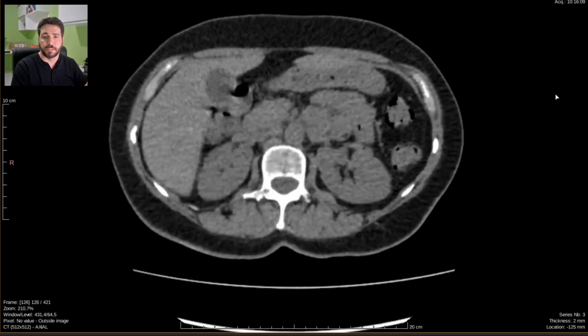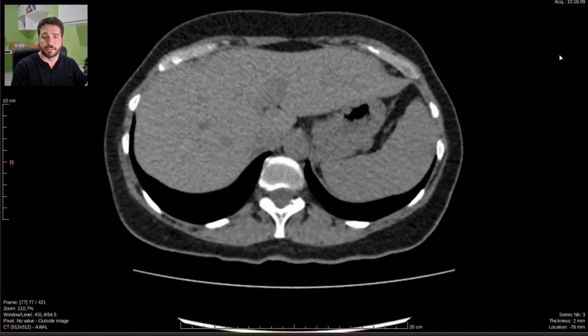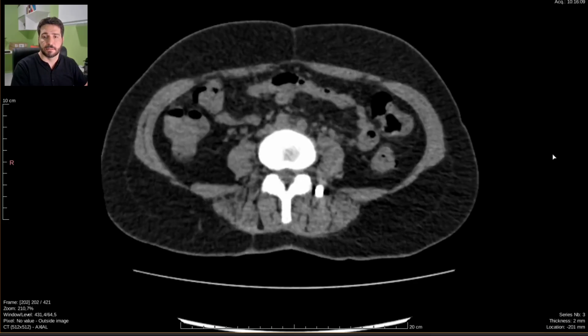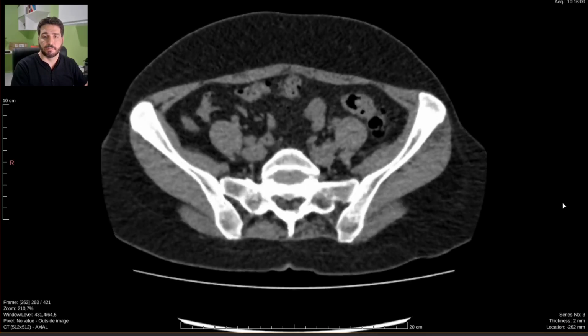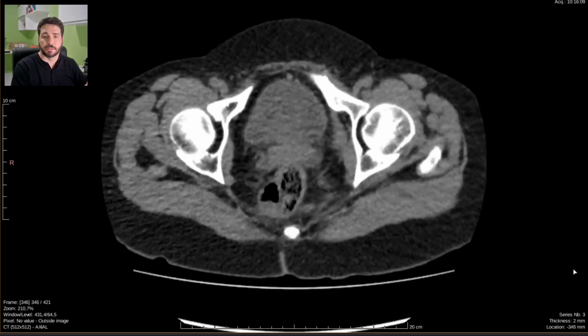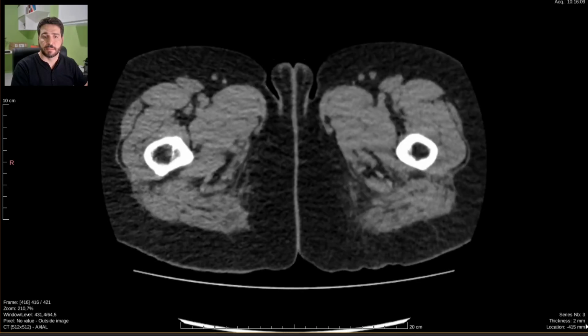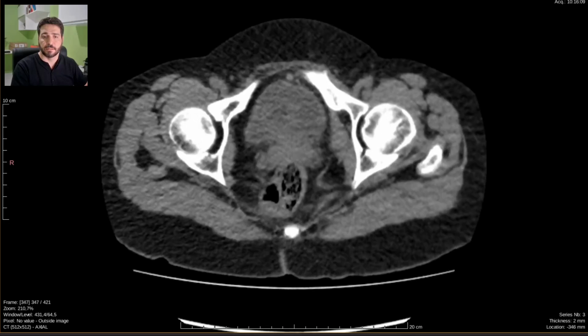Liver, spleen, pancreas, kidneys, and whatnot, going down, down, down, until we reach the pelvis and the thighs. So just to remember, this is left and this is right, anterior and posterior.